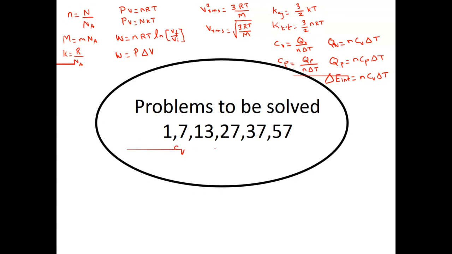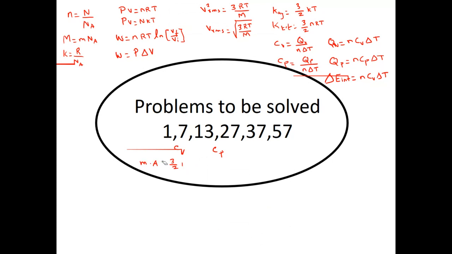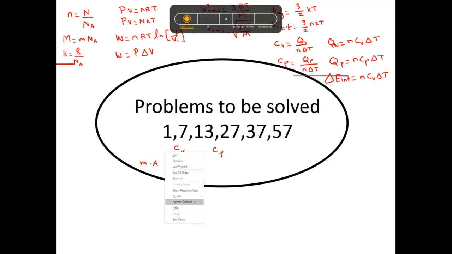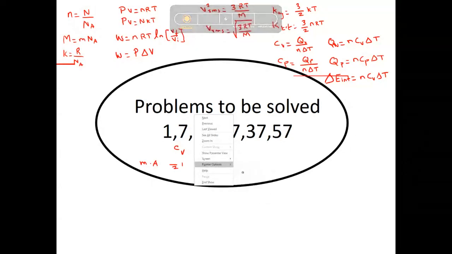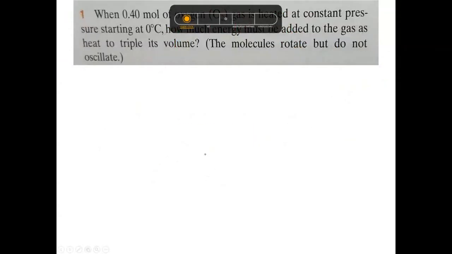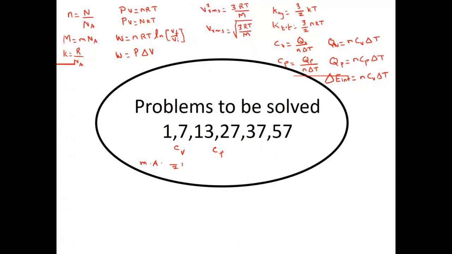For monoatomic, Cv is 3/2 times R and Cp is 5/2 times R. Am I right?